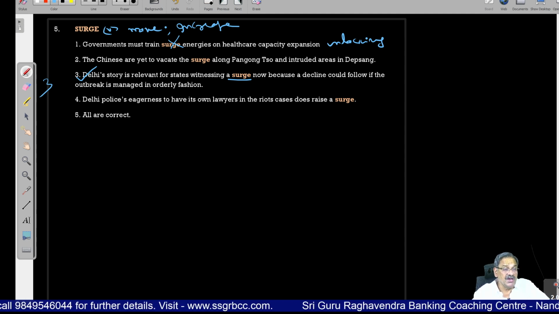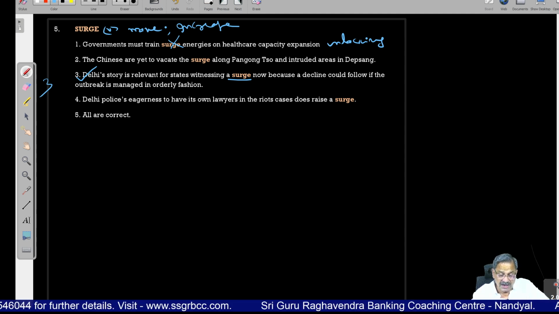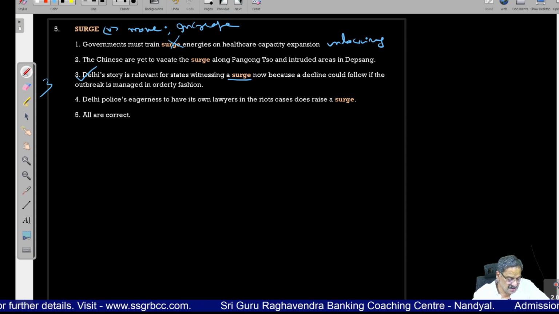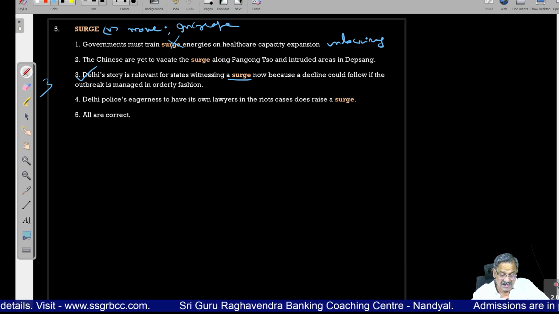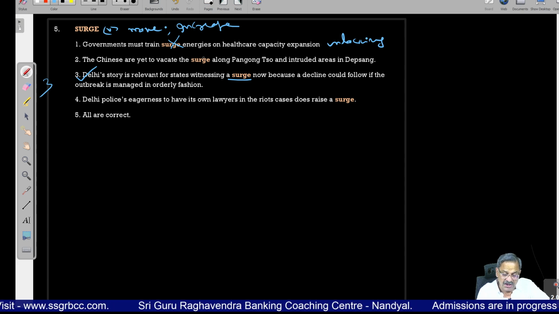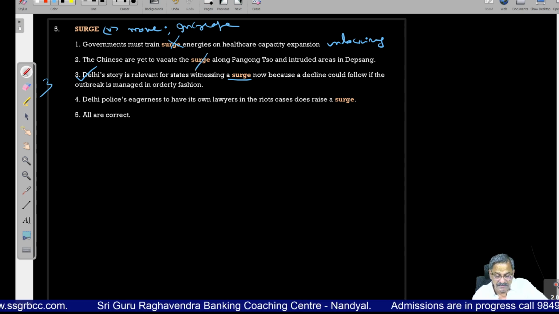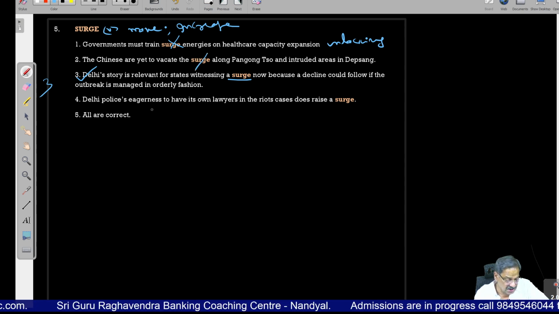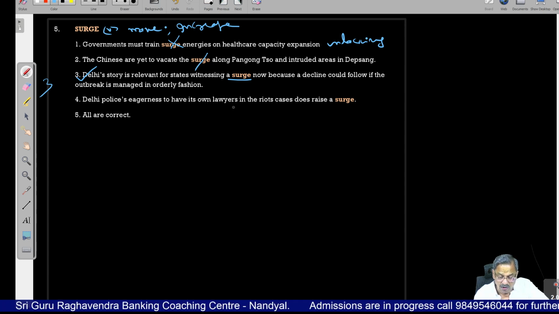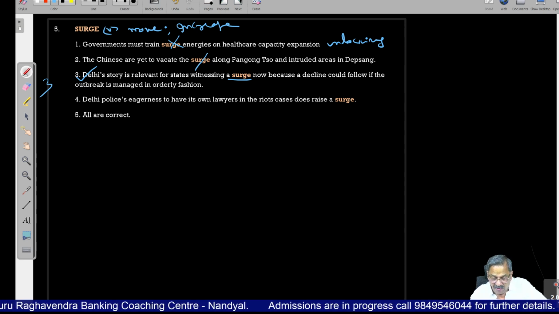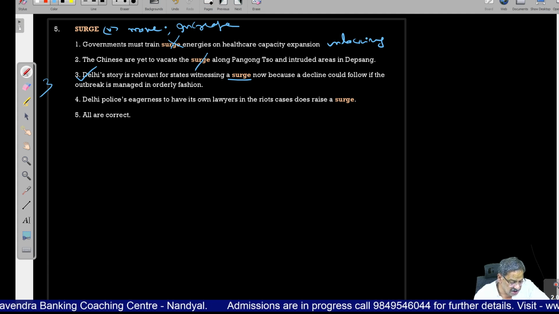The Chinese are yet to vacate the surge. Here, surge is a verb. After the article, we won't use surge. Delhi's police eagerness to have its own lawyers in the riots cases does raise a dash.